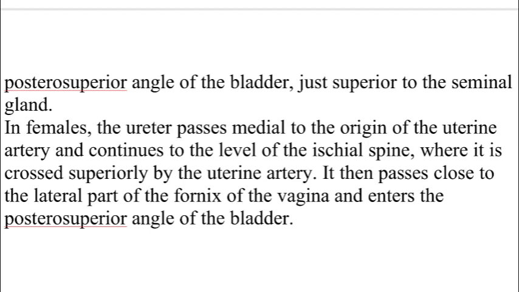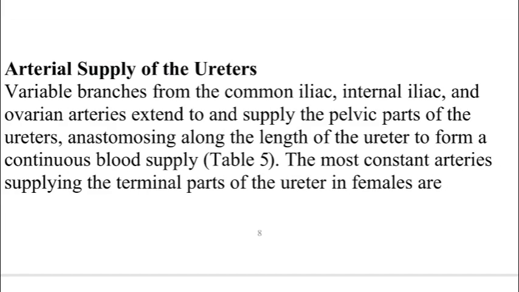What about the arterial supply of the ureters? There are variable branches from the common iliac artery, the internal iliac artery, and ovarian arteries that supply the pelvic parts of the ureters. There is anastomosis along the length of the ureter, and this gives a continuous blood supply.